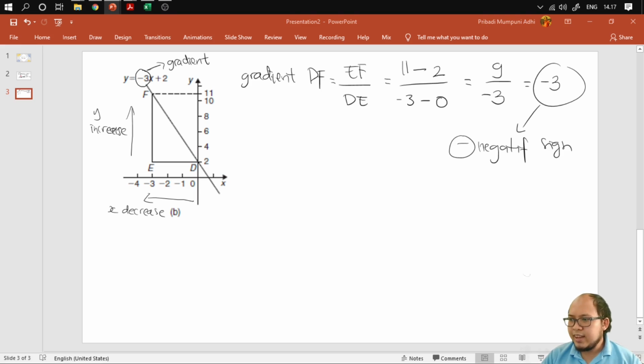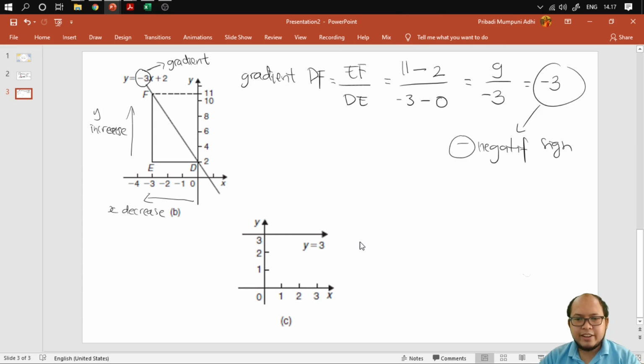If I have a straight line, something like this, as we can see from this figure, we don't have any slope. For example, I have 2 points. This is the first point, A, and this is the second point, B. The coordinate of A is (1, 3), and the coordinate of B is (3, 3).